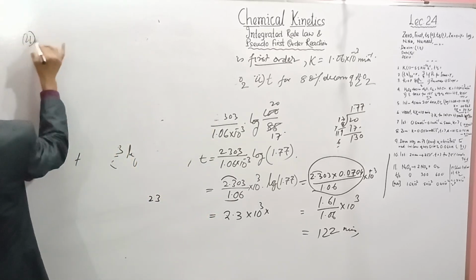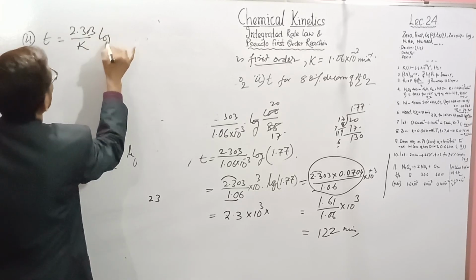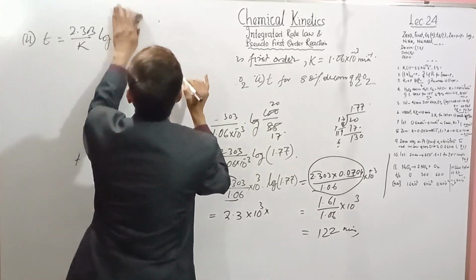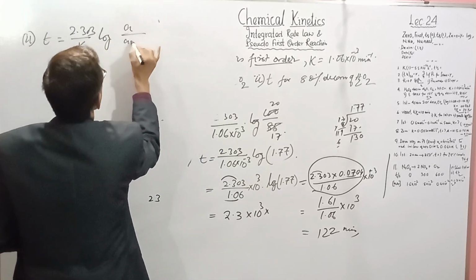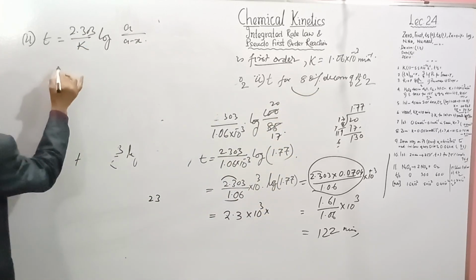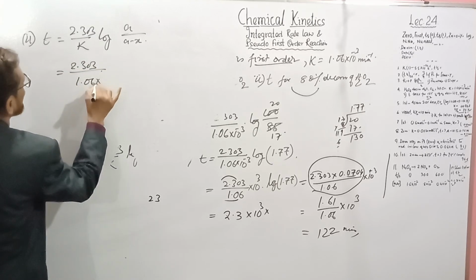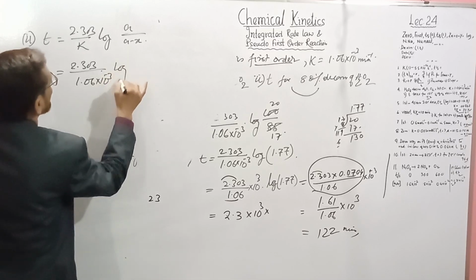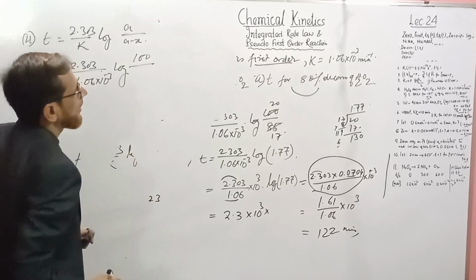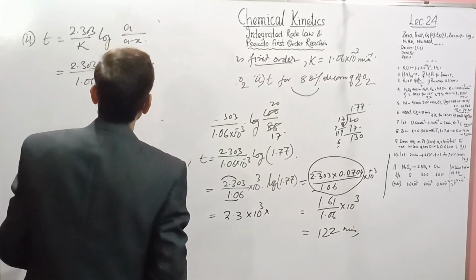Now for the second, t is equal to 2.303 by k log a by a minus x, and you are to get 80%. Am I right? So 2.303, it is 100, 100 minus 80, you are getting 20.